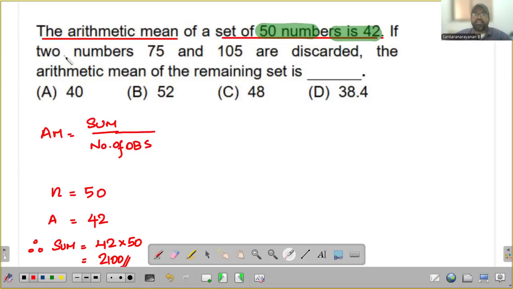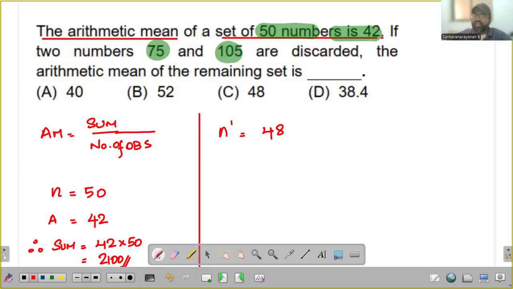From this, two numbers 75 and 105 are discarded. It means that the 75 and this 105 are eliminated. So the number of observations, I shall write it as n dash, is going to be equal to 48, because from 50 observations you are removing 2.